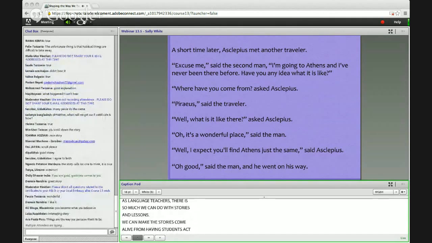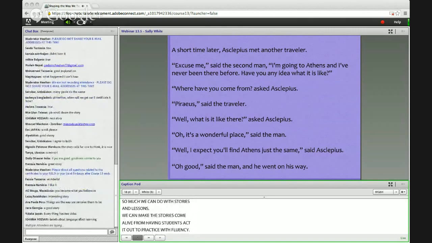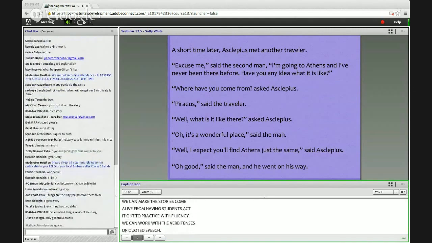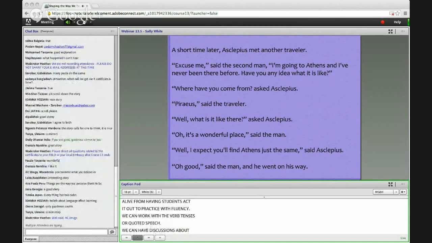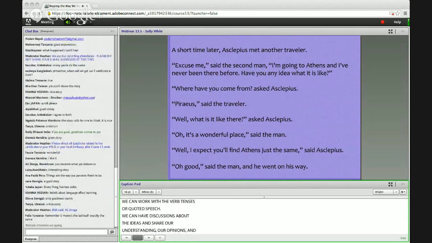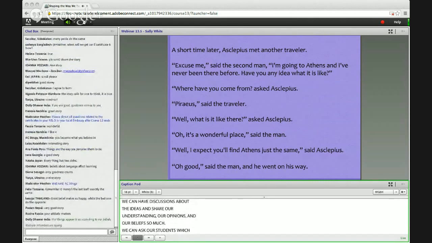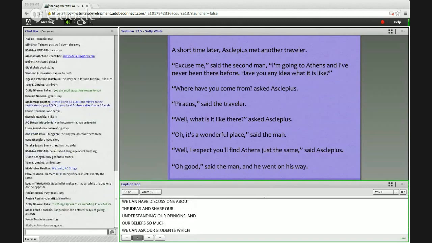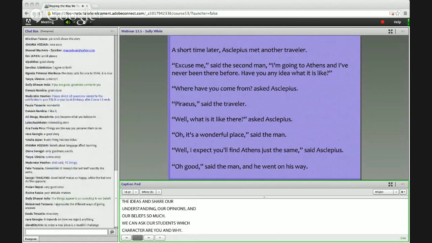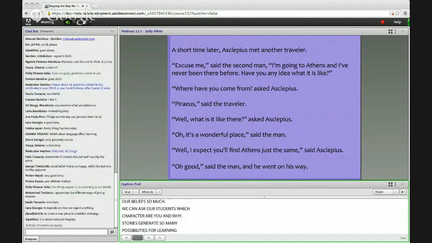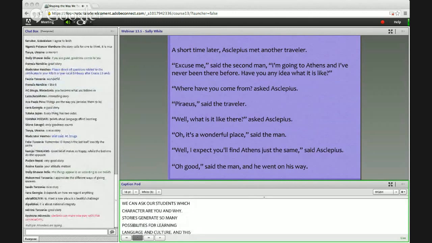We can have discussions about the ideas and share our understanding, our opinions, and our beliefs. We can ask our students, which character are you and why? Stories generate so many possibilities for learning language and culture. And this story definitely relates to beliefs and how they influence our lives.